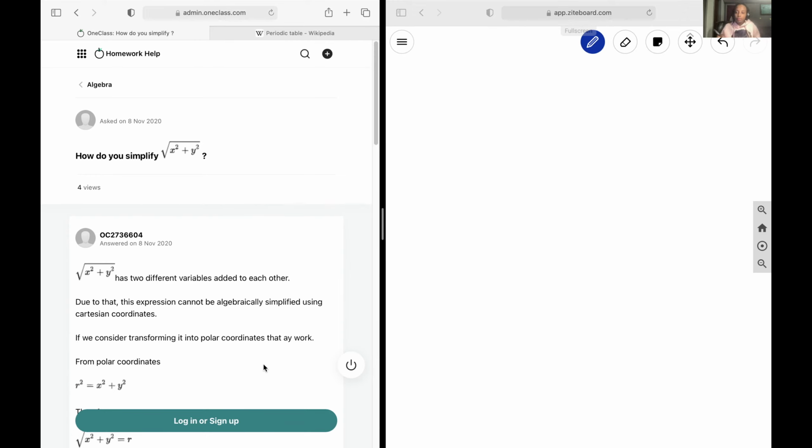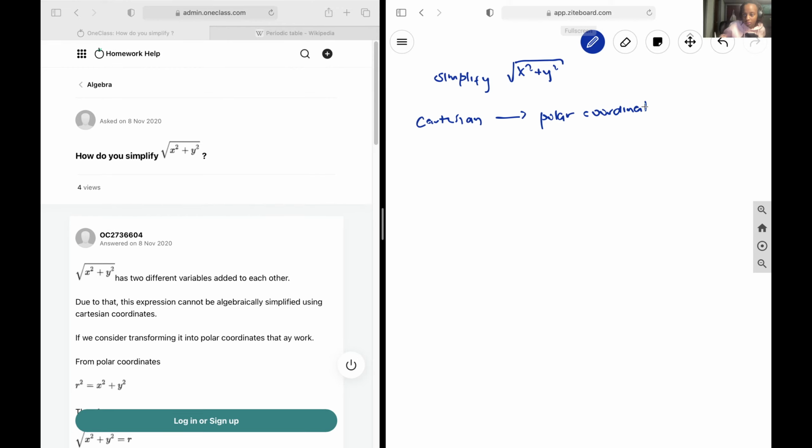Okay, so for our first question, we're going to be simplifying the square root of x squared plus y squared. This one is quite straightforward if we just remember the fact that when we're converting from Cartesian coordinates to polar coordinates, we have the relation x squared plus y squared is equal to r squared.